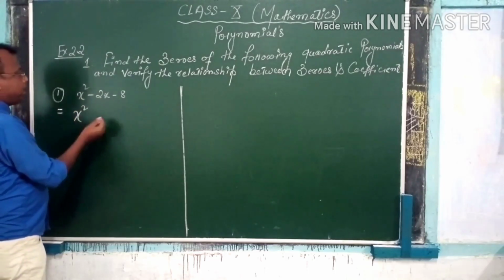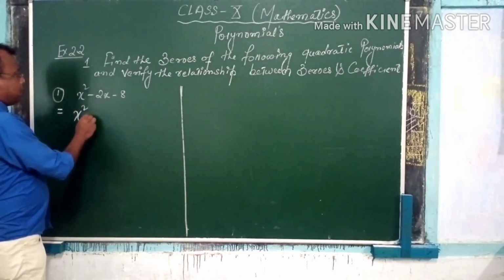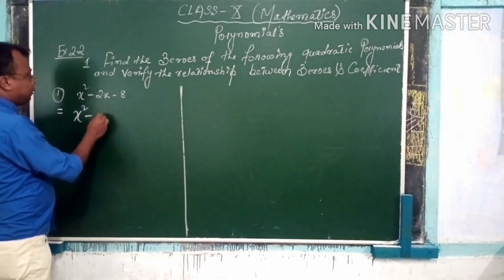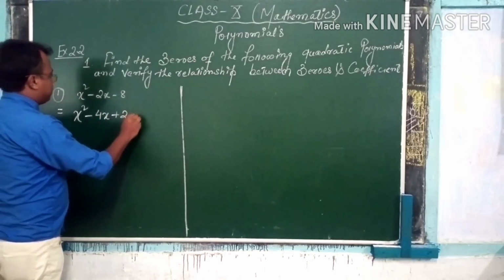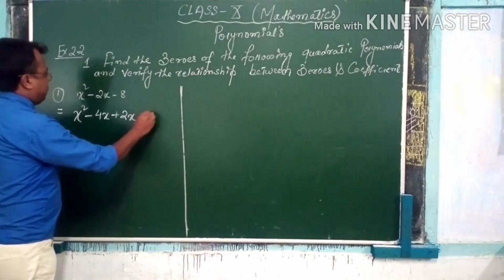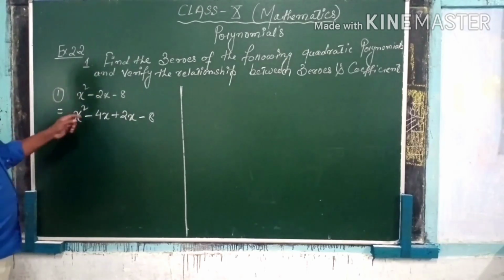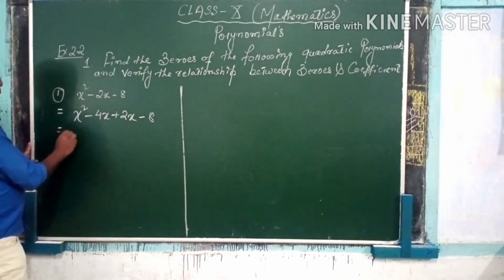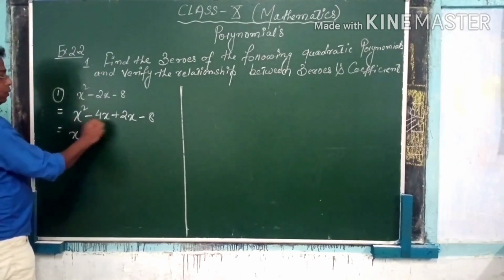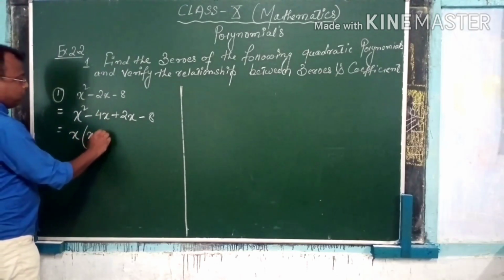So x square, so I am splitting the middle term, so x square minus 4x plus 2x minus 8. So here x is common, so x minus 4.